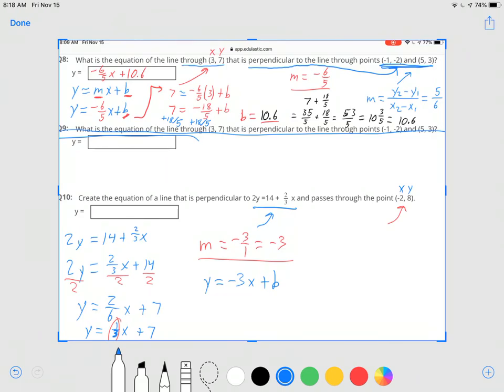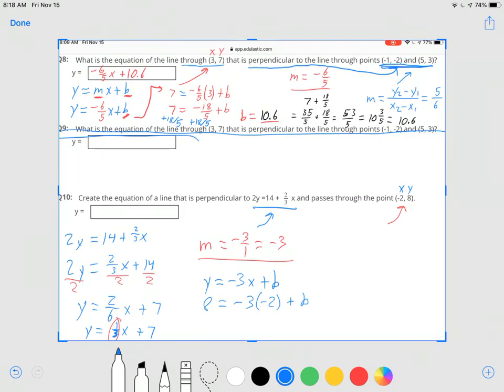So let's plug in -2 for x and 8 for y. That's going to look like this: 8 equals -3 times -2 plus b.